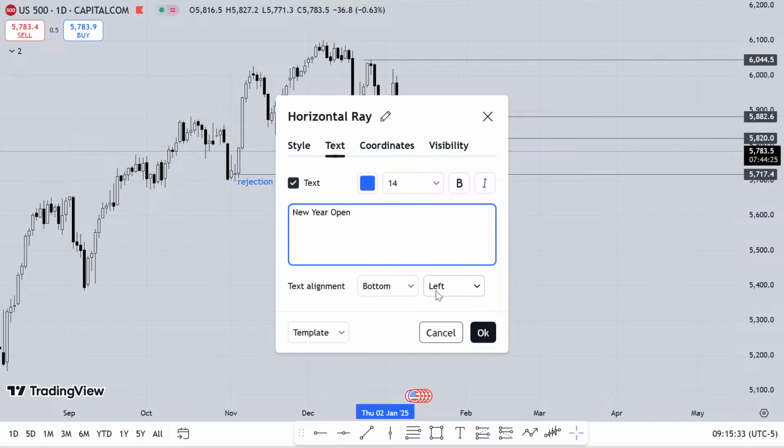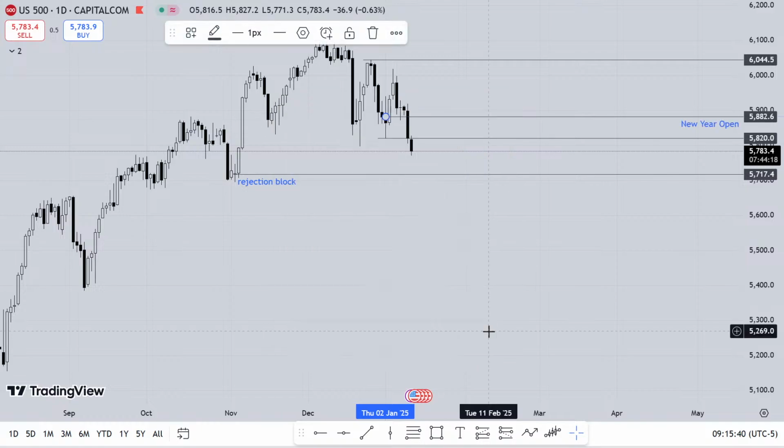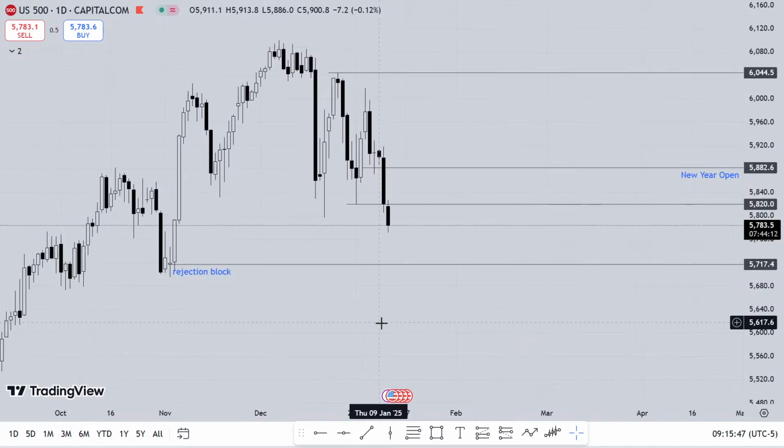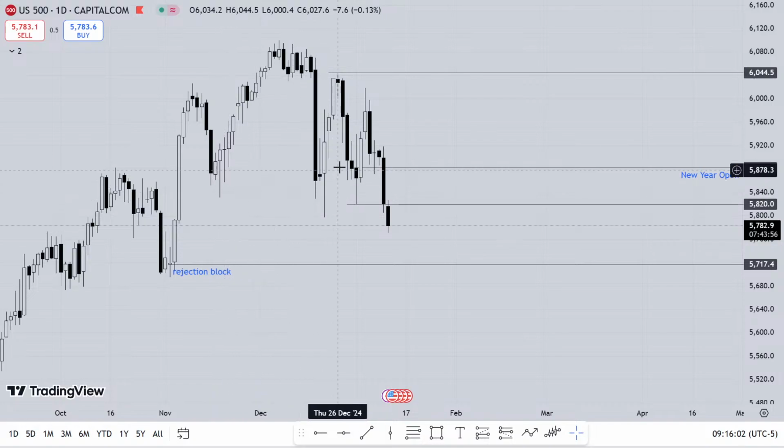I would want to name that with an abbreviation of NYO, but that is also synonymous with the New York Open. So let's just keep it at New Year's Open. So we dropped lower here, took out sell liquidity here, and then rallied higher to rebalance this imbalance.